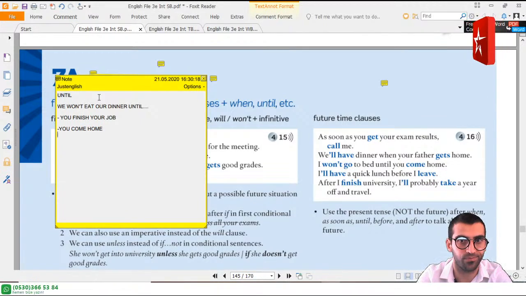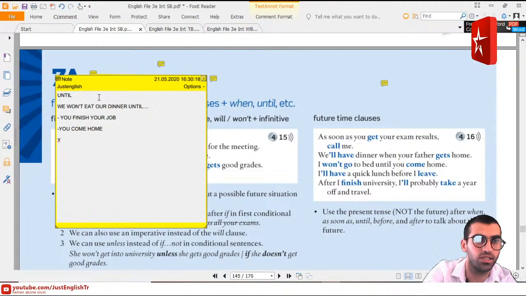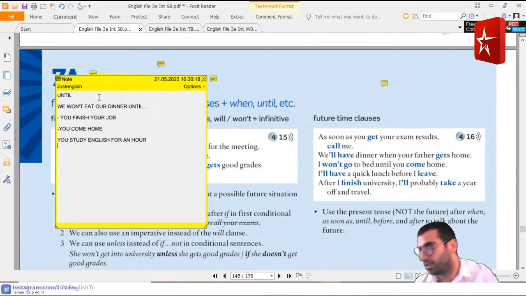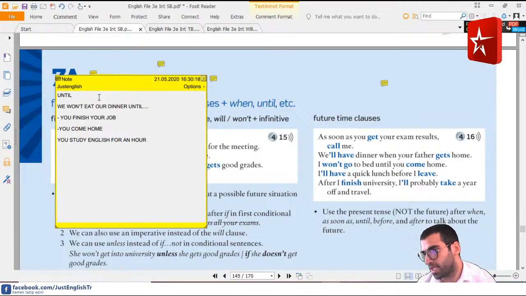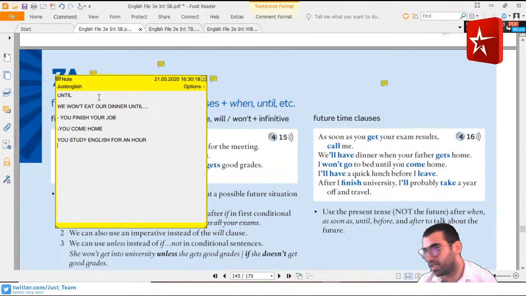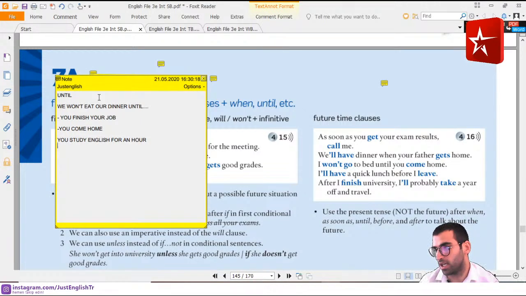Yes. Until you come home. Until you study English. Until you study English for an hour. Yes, and Sala says, I won't go home until I finish the report. Yes. MSP says, I wish my English was like yours. Why not, MSP? Yes, if you practice English a lot, you can speak English like me.